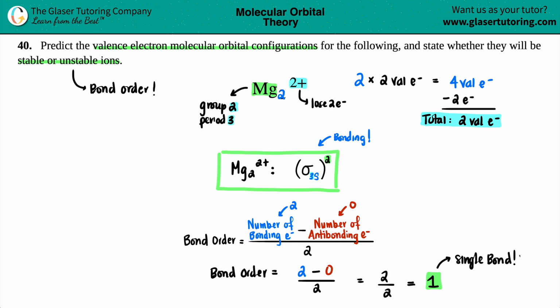But if you have a bond order greater than 0, you have a stable ion because you're actually going to know what type of bond is going to be made. So, in this case, it is going to be a stable ion. And that is the answer to this question.